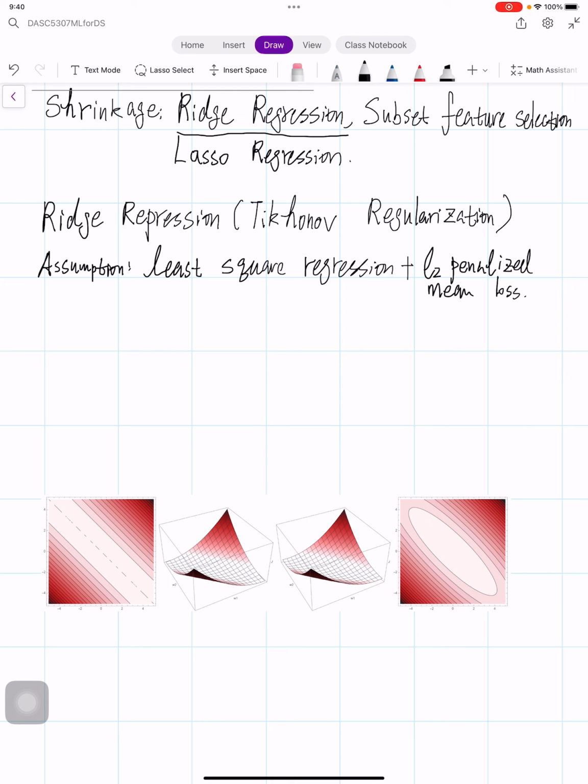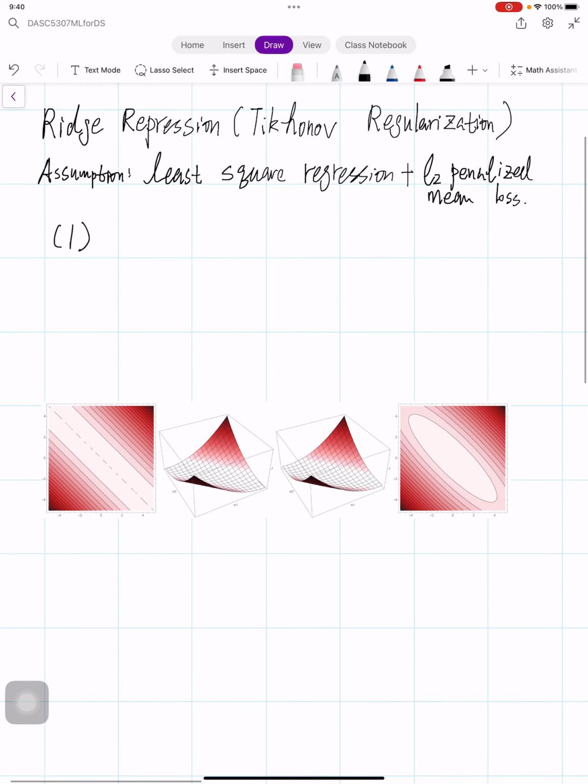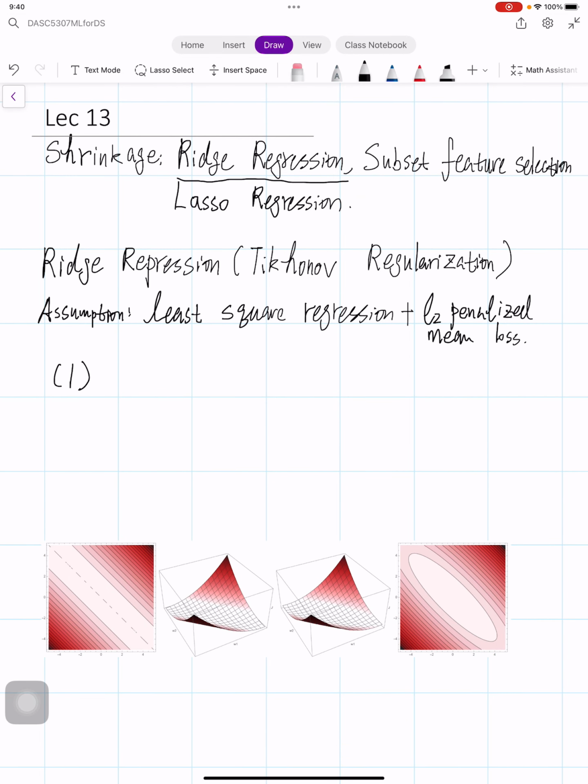Okay, the basic setup is we have the regression. We have the loss function, plus the cost function, mean squared error loss, plus the optimization, as you recall from our lecture 10.